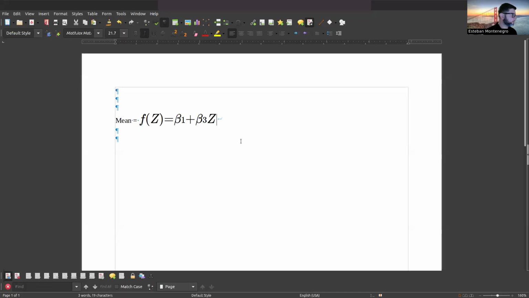Right. And instead, let's move this part here. We can actually have a function for the mean of z, right? Let's call this mean, right?